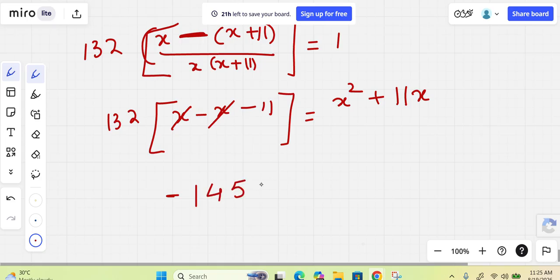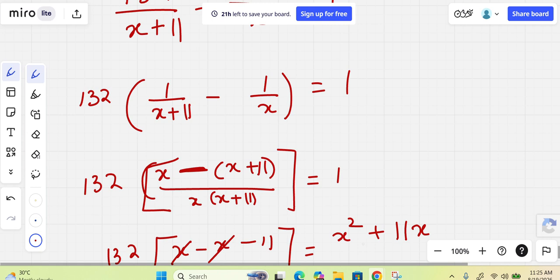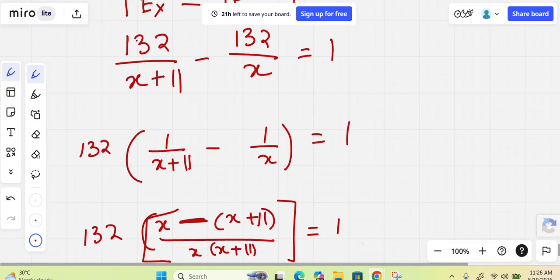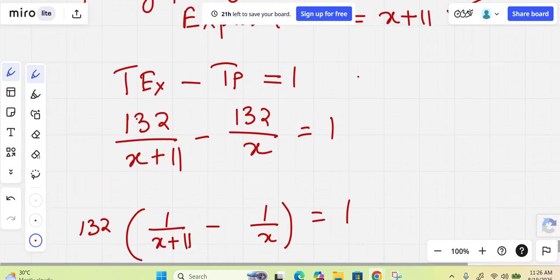Ma'am, can you scroll up for a second? Ma'am, over at the 132 and then multiplied by 1 by x plus 11, don't you write 1 by x first and then minus 1 by x plus 11? No, I said, see, that is up to you, how you have found out.